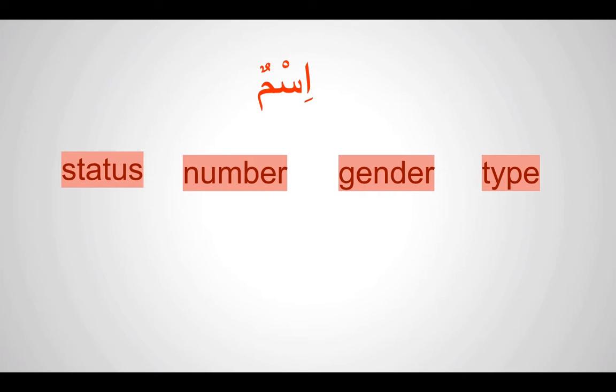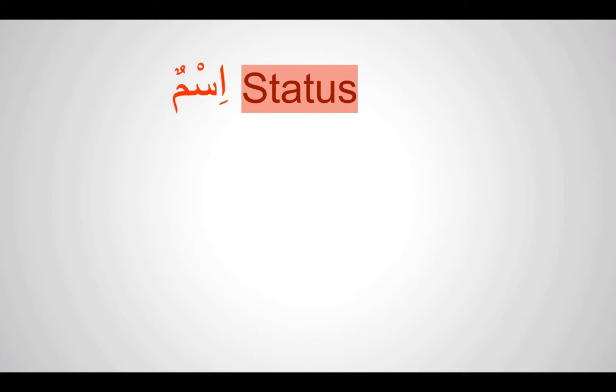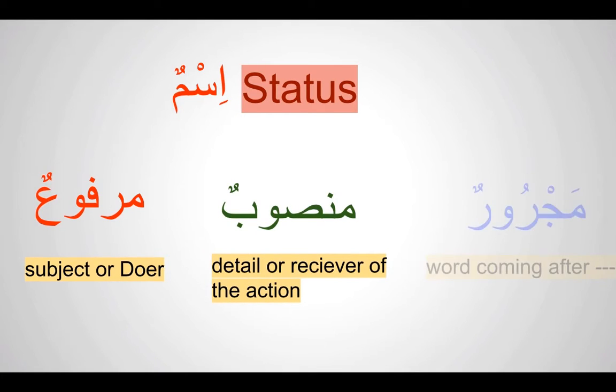Every noun, whether it is name, place, animal, thing, every noun will have these 4 characteristics which we have to recognize. Very, very important. So what is status? What does ism status mean? Status means what the noun is ending with, whether it is marfu, mansub, or majroor.